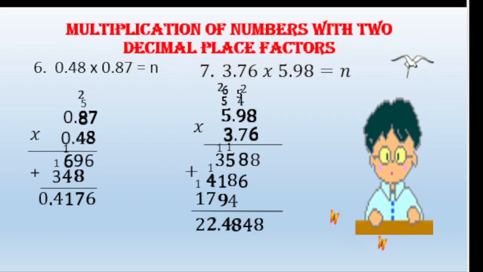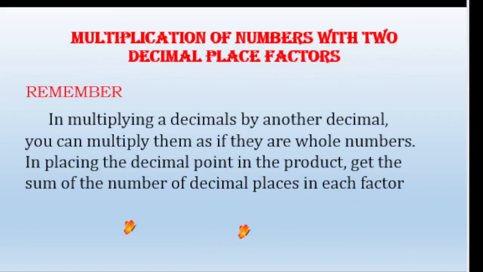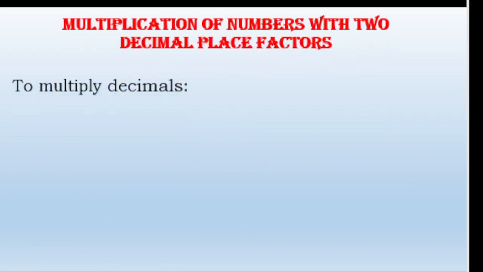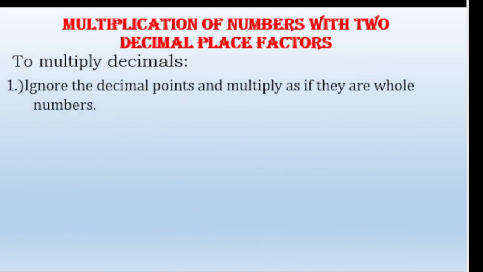Therefore, please remember, in multiplying a decimal by another decimal, you can multiply them as if they are whole numbers. In placing the decimal point in the product, get the sum of the number of decimal places in each factor. Or ignore the decimal points and multiply as if they are whole numbers.